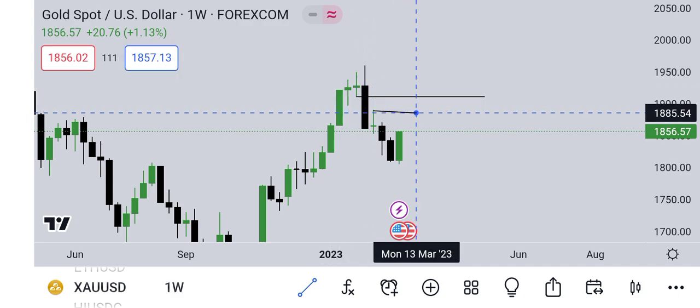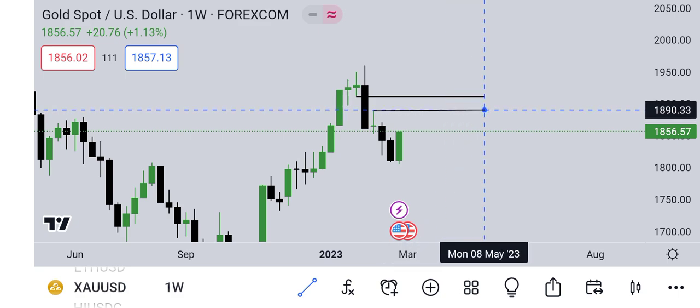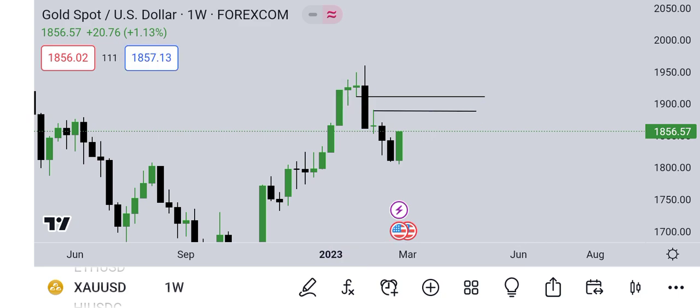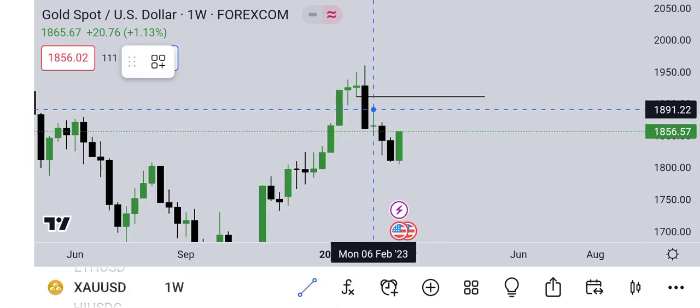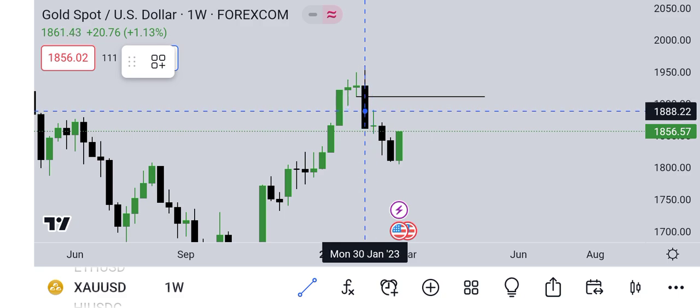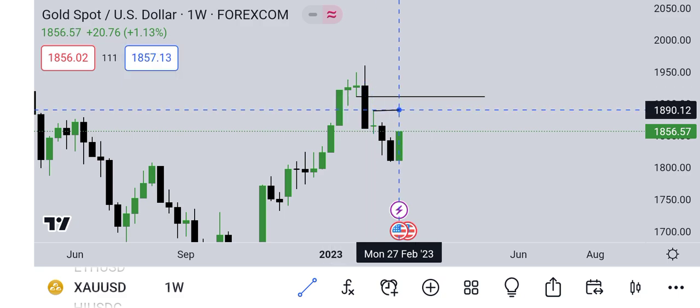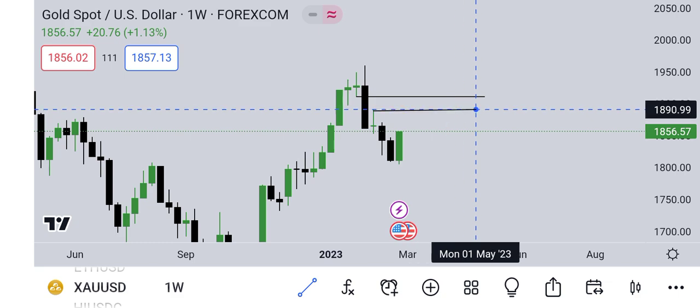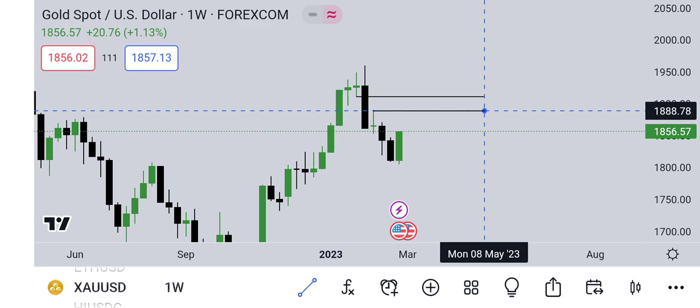And observe that the market took liquidity before it created the gap. Okay. The market took liquidity before it created a gap.